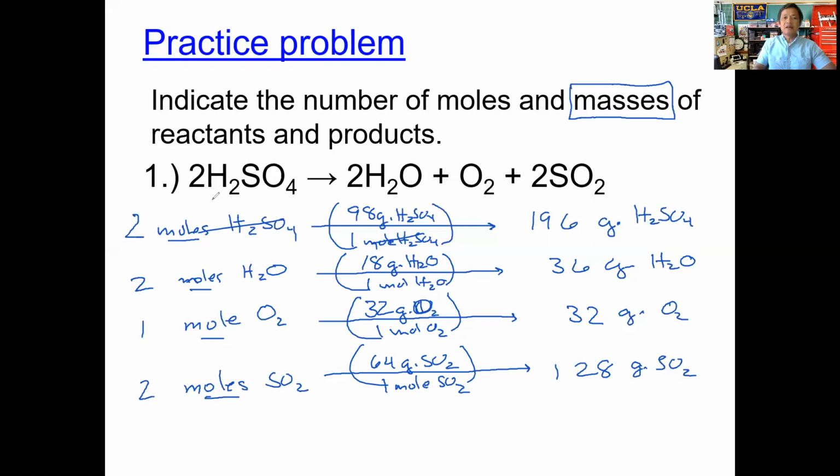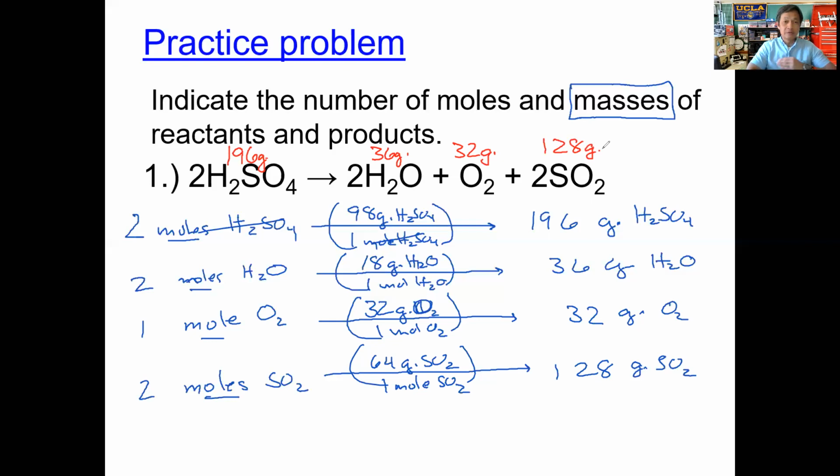If we start out with 196 grams of H2SO4 and it breaks down, it will form 36 grams of water, 32 grams of oxygen, and 128 grams of sulfur dioxide. That's exactly what we're being told here.